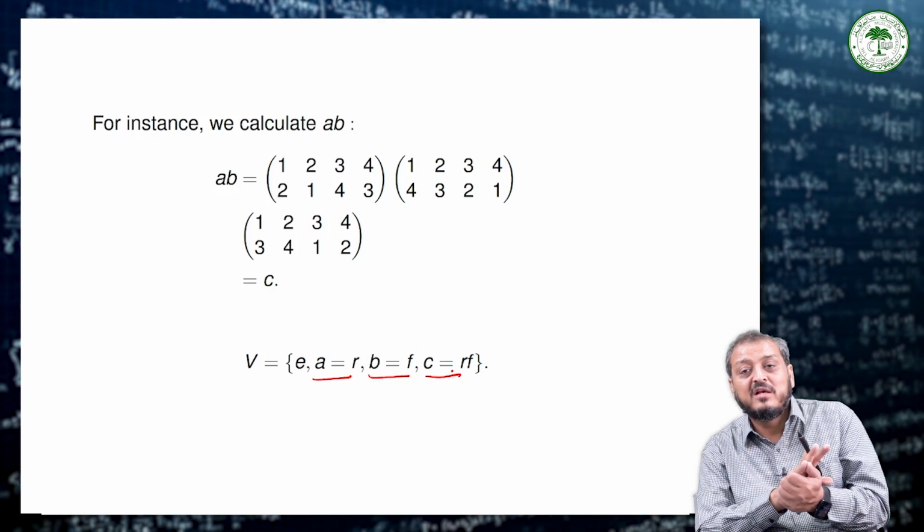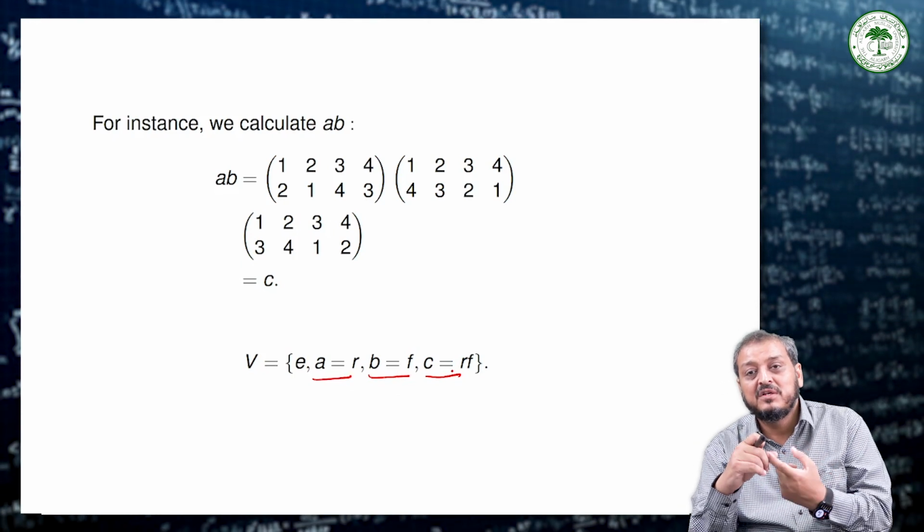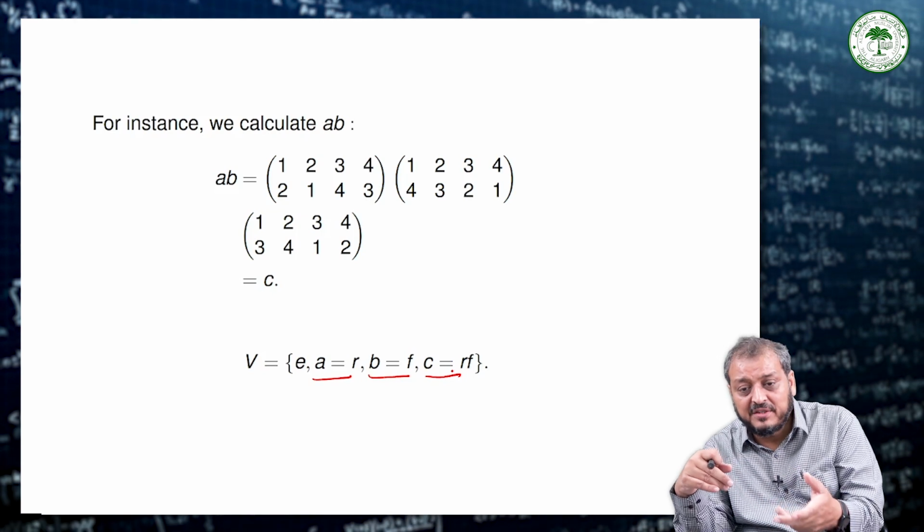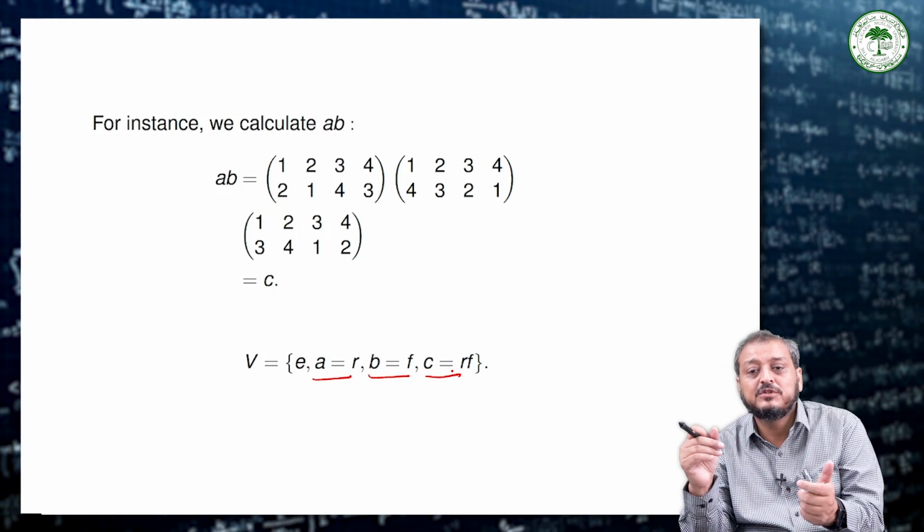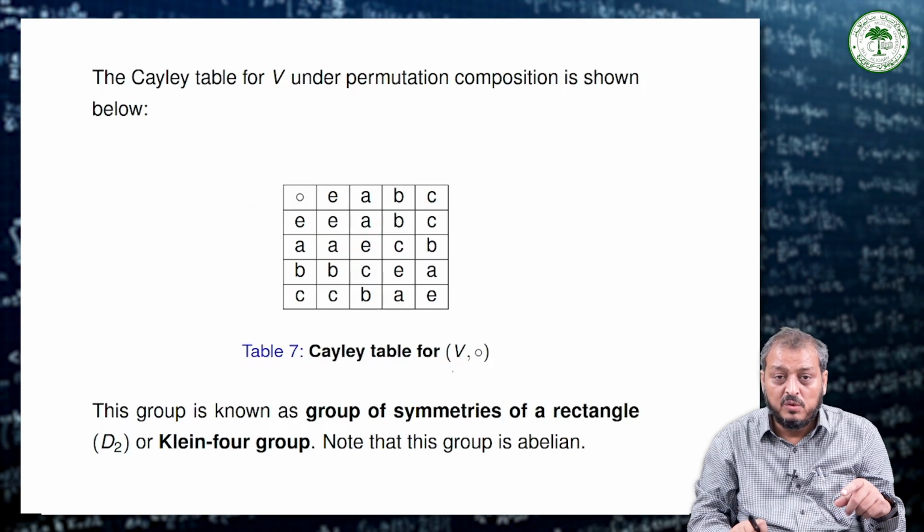A gives the rotation, B gives a reflection, and C gives the composition of these two.